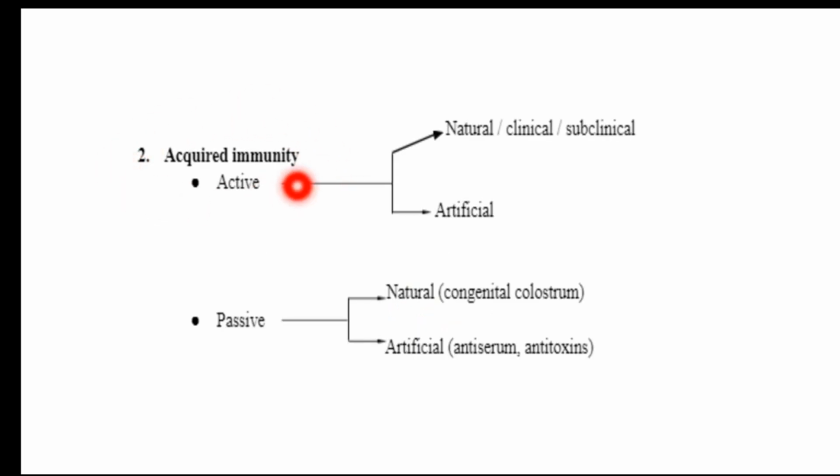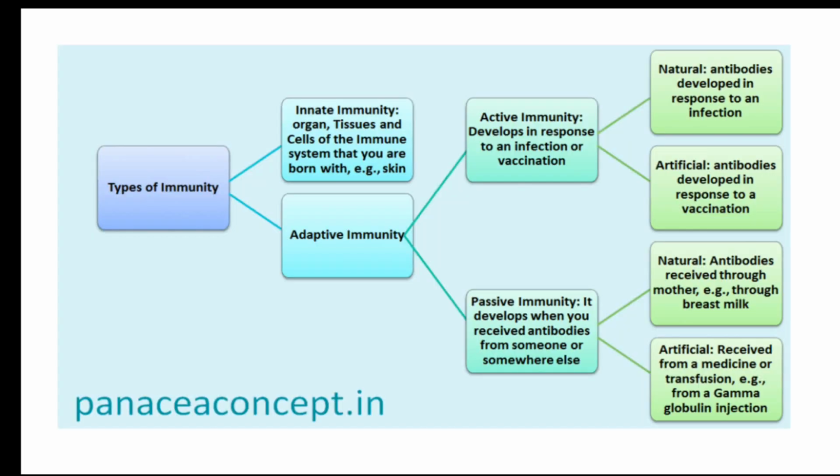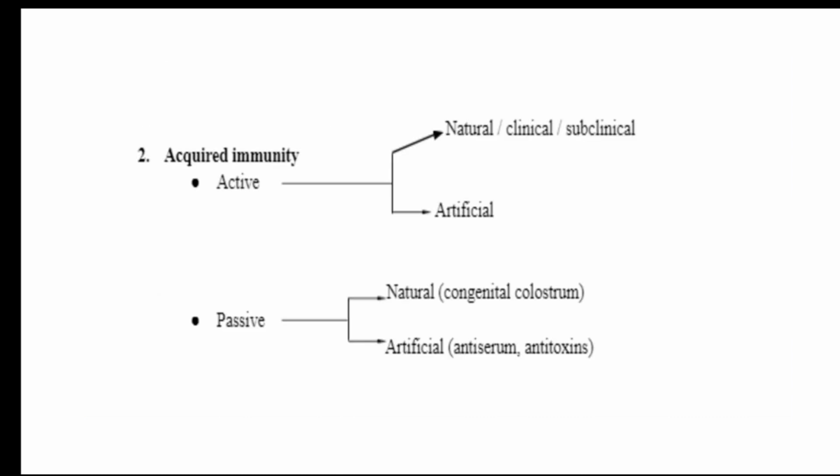Then acquired immunity: natural was innate, and this is adaptive or acquired immunity, which is further subdivided into active and passive.